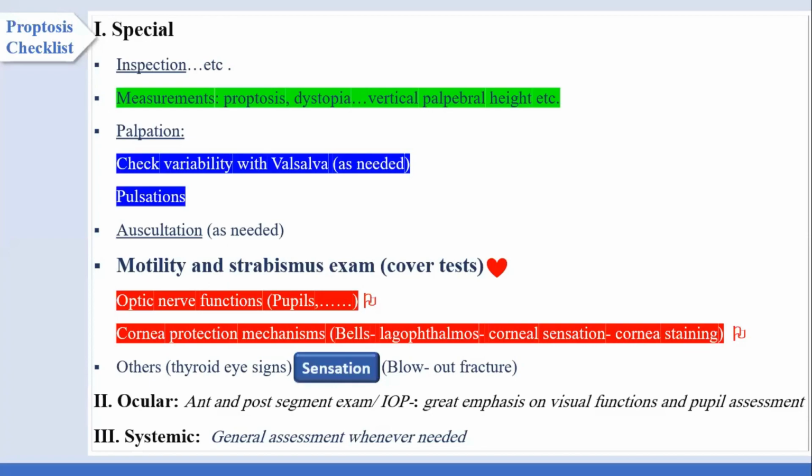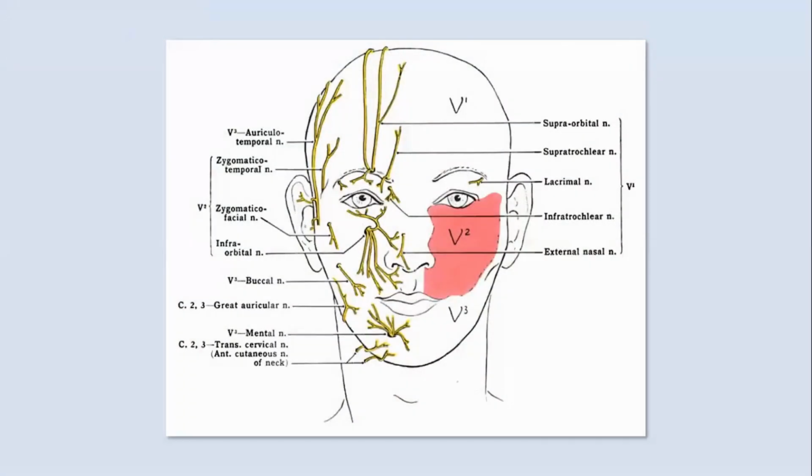Regarding the sensation, we watched the video about sensation before in the previous class, so I will skip this slide. But my question to you: remember the infraorbital nerve is important when it comes to orbital floor fracture, blowout fracture, and remember the infraorbital nerve is a branch of, so fill in the gaps.